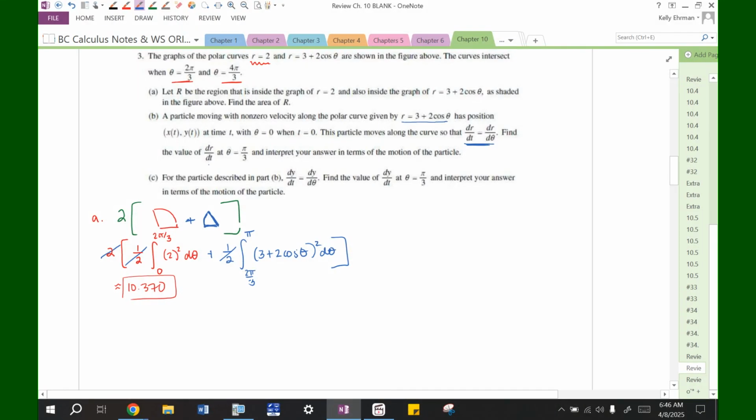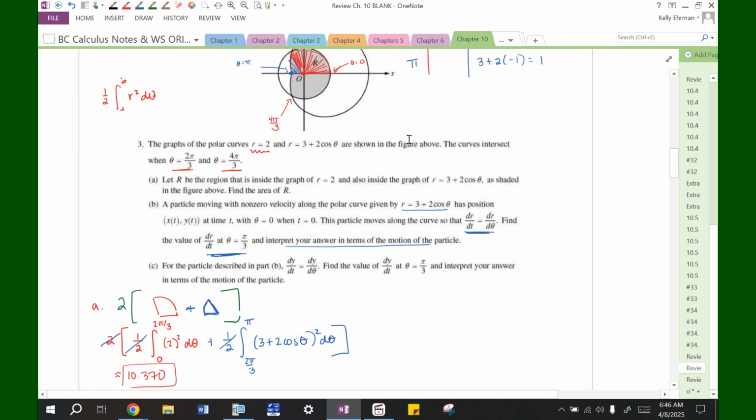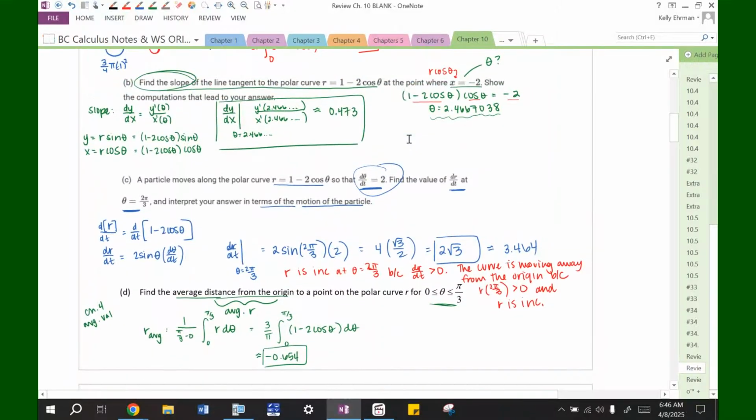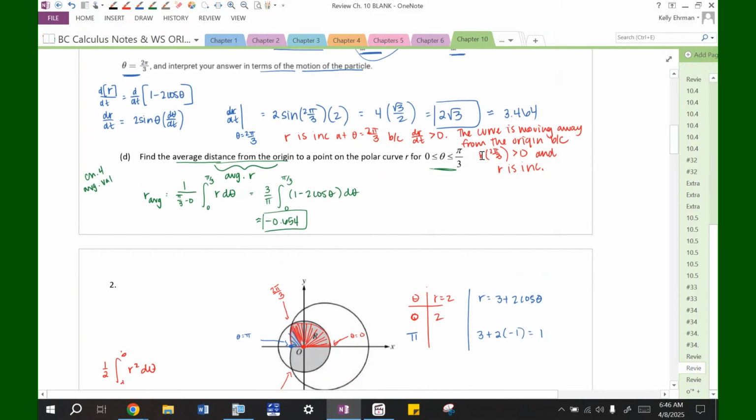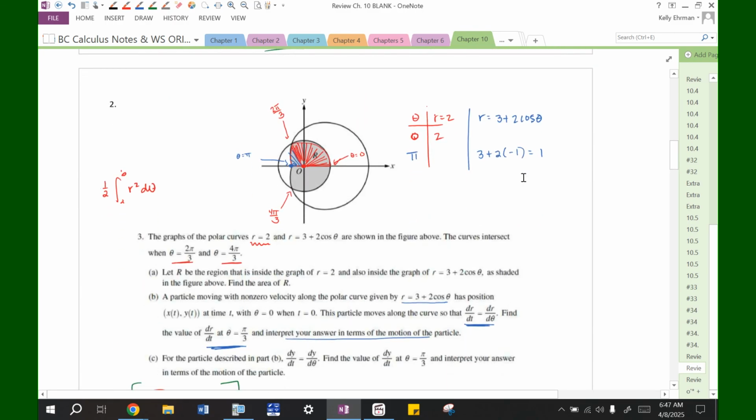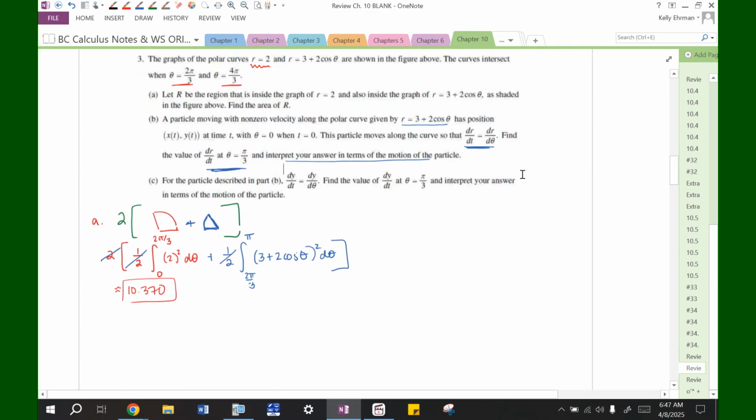Find the value of dr dt at theta equals pi over 3 and interpret your answer in terms of the motion of the particle. So remember, motion of the particle is when we're talking about dr dt and things. We did this in the last one. That's saying like, is the curve getting farther from the origin or closer to it, basically. You could also say something about it if r is increasing or decreasing, but it's mostly about how the curve is related to the origin.